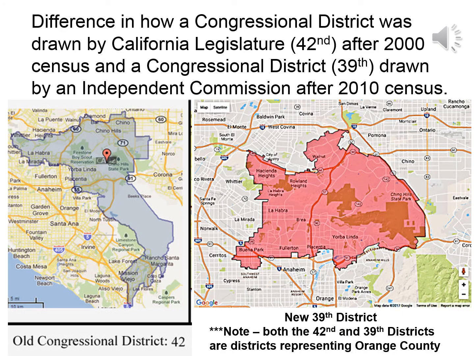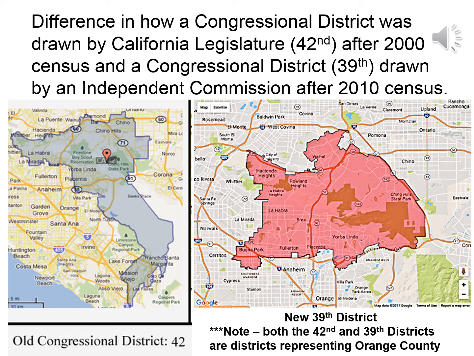Looking at this map, you will see that the 42nd congressional district, which was the district from 2000-2010, was a district that was drawn by the state legislature of California. And if you look at this district carefully, you'll notice that it's predominantly an affluent area where mostly Republicans reside.